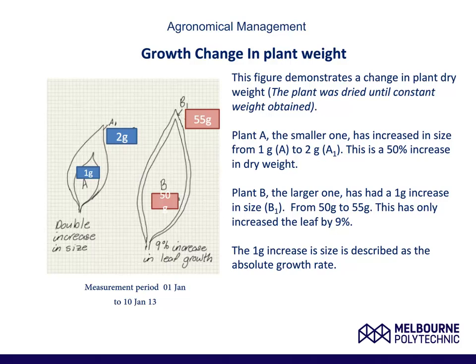It has also increased by 1 gram. In the other example, the weight of leaf B is 50 grams and then increases to 55 grams. This time there is a difference in weight increase between leaves A and B, but nevertheless the principles are the same.